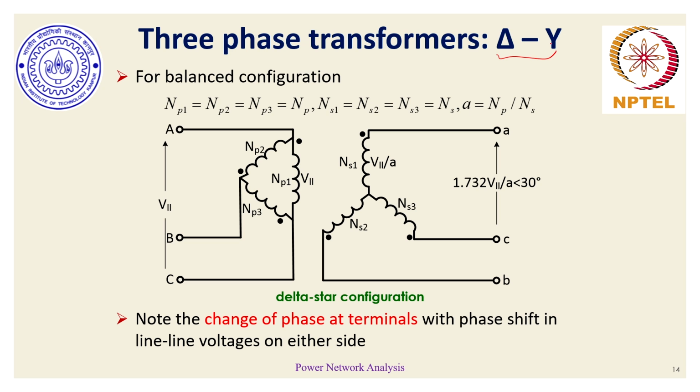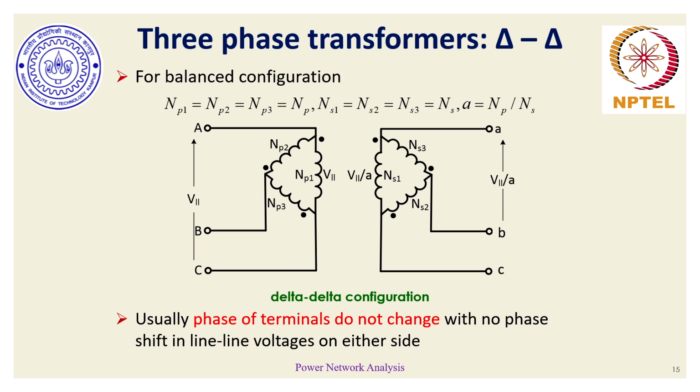Here, if the applied voltage is VLL, then we have a factor of root 3 appearing with a phase lead at an angle of 30 degrees. And for delta-delta configuration, it's exactly similar to the star-star discussion. The difference here is the terminals do not change, because if this is my phase B terminal, which is linked with P2 and P3, and if I see on the secondary side, the corresponding P3 refers to S3 and P2 here refers to S2.